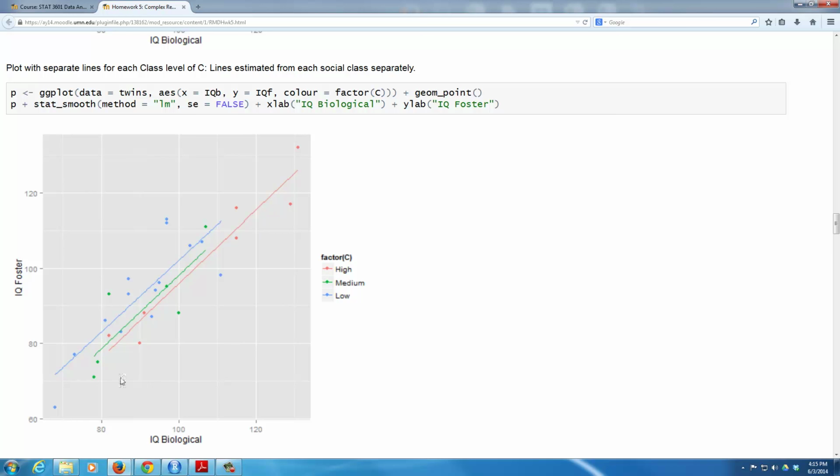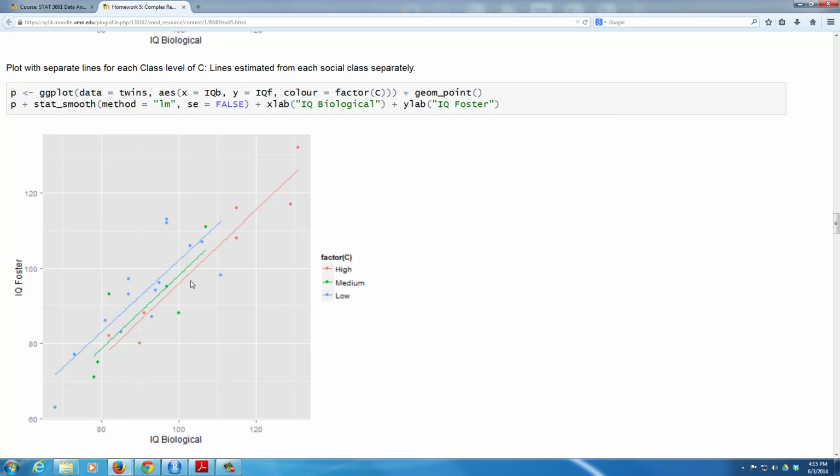And you can see that basically for low social class, the foster raised twin typically does relatively better relative to the biological raised twin if they're in the lower social class, because the foster raised twin is getting out of the low social class environment and having a better rearing environment than the twin that stayed behind at home.